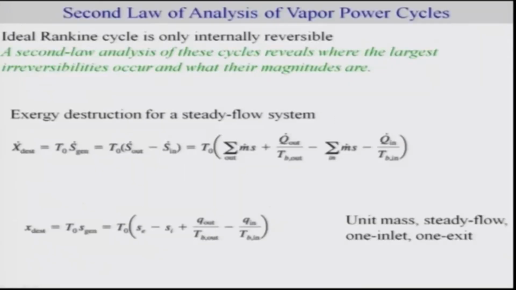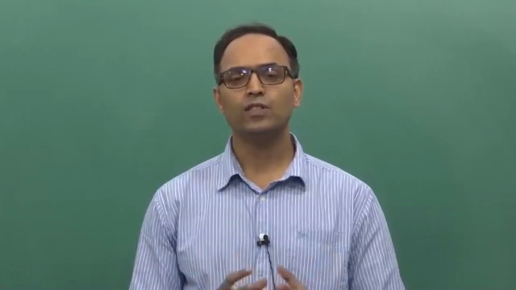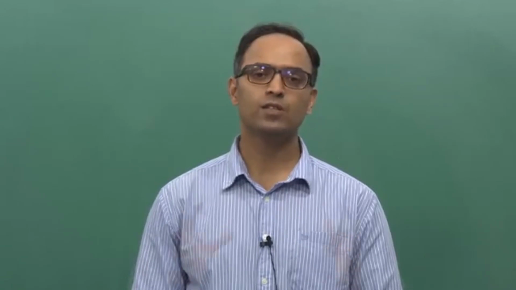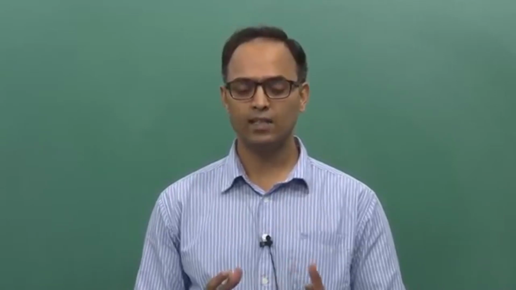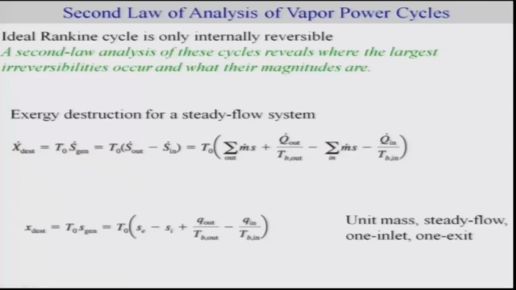Now, we will try to understand the need for second law analysis for the vapor power cycle. As we have discussed, the Carnot cycle is nothing but a totally reversible cycle, so there is no irreversibility associated with it. On the other hand, the ideal Rankine cycle is internally reversible, which essentially means there are irreversibilities associated outside the system.